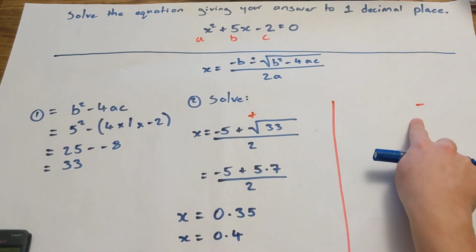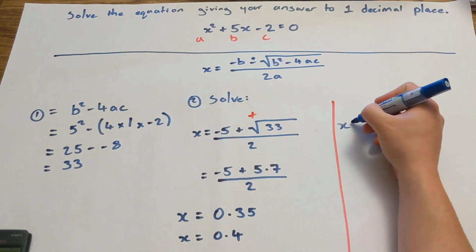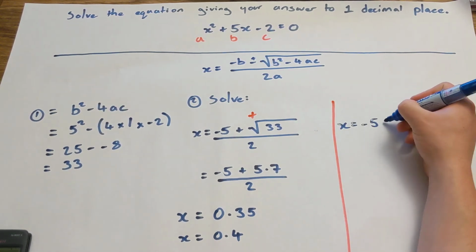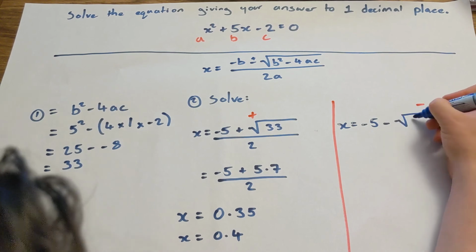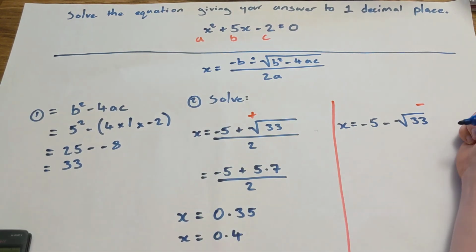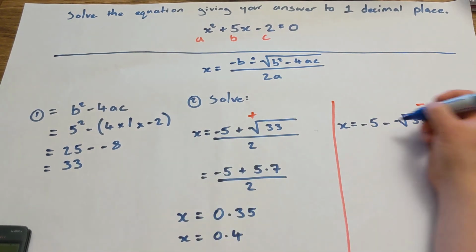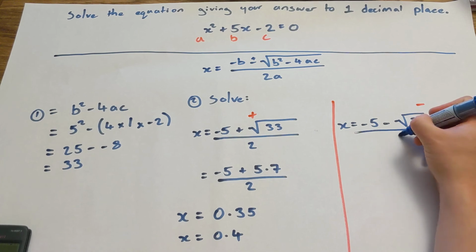Now we'll look at the other one where we take away instead. So now I've got x equals negative 5 take away the square root of 33. Remember, none of the numbers I'm subbing in here are changing. This is all that's changing, the plus and the minus. Divided by 2.